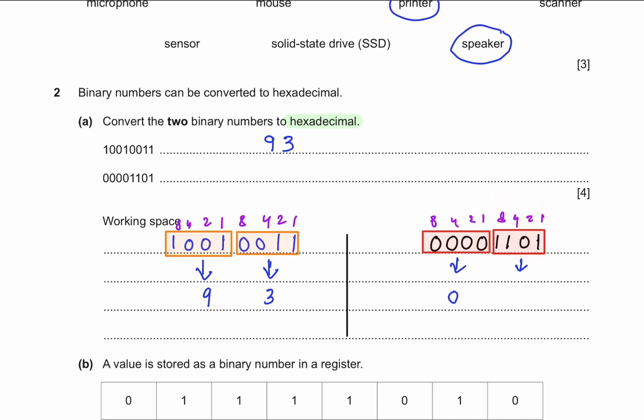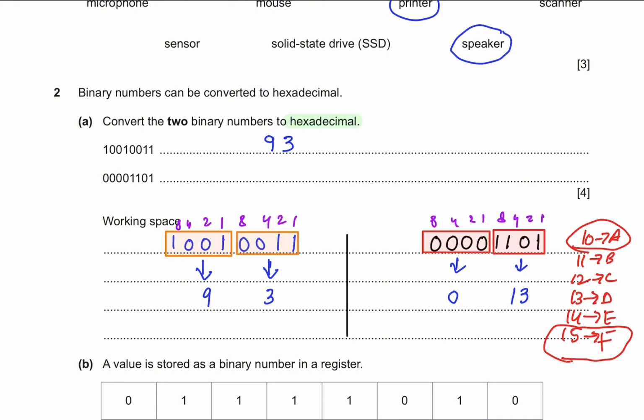So 13 is the answer. Now if you know the hexadecimal rules, which says 10 is A, 11 is B, 12 is C, 13 is D, 14 is E, and 15 is F. This is where it stops and this is where it starts. 10 is A, 11 is B. So what you need to know for this question is 13. 13 is D. So the answer here can be 0D.